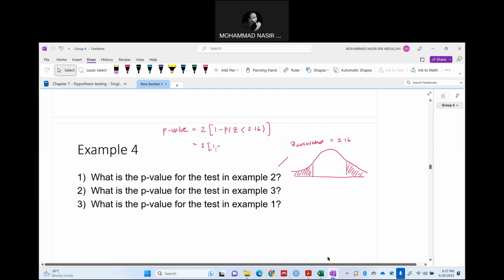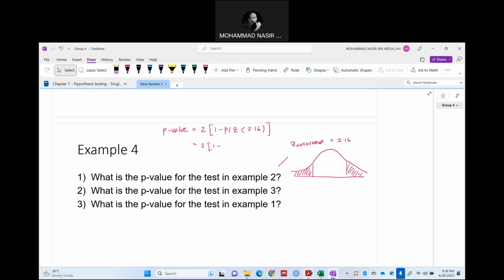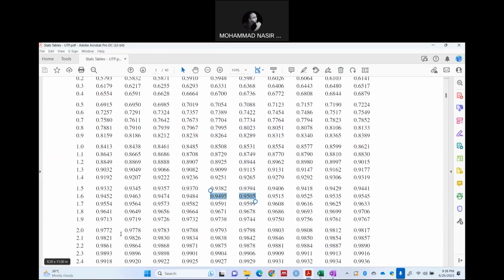You can look at the statistical table or we can use the calculator. You know how to use the calculator? Have you used it before? So you can look at the statistical table for 2.16.